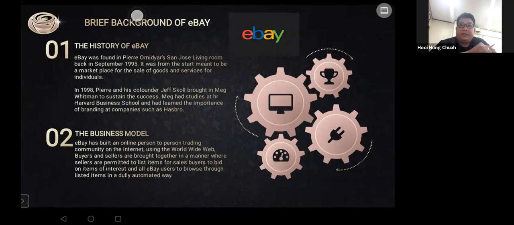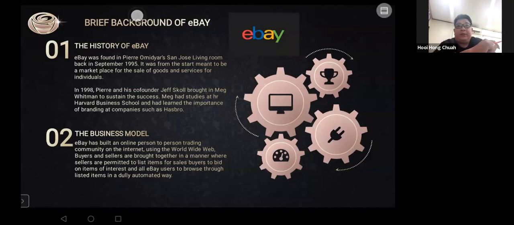It facilitated consumer to consumer and business to consumer sales through its website. eBay was founded by Pierre Omidyar in 1995. In 1998, Pierre and his co-founder, Jeff Skoll, brought in Meg Whitman to sustain the success. Meg Whitman had studied at the Harvard Business School and had learned the importance of branding at a company such as Hasbro.